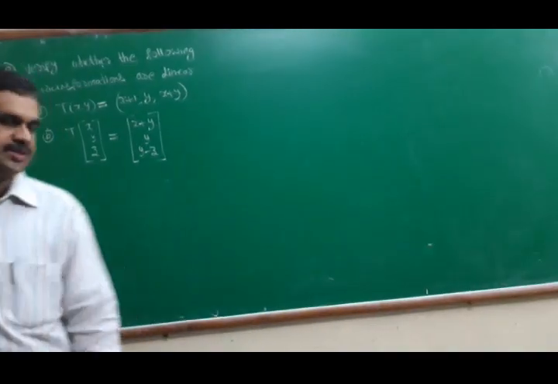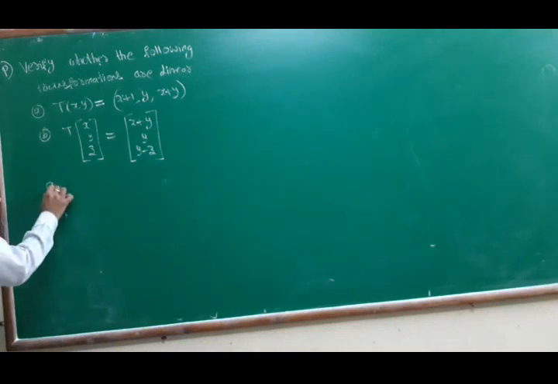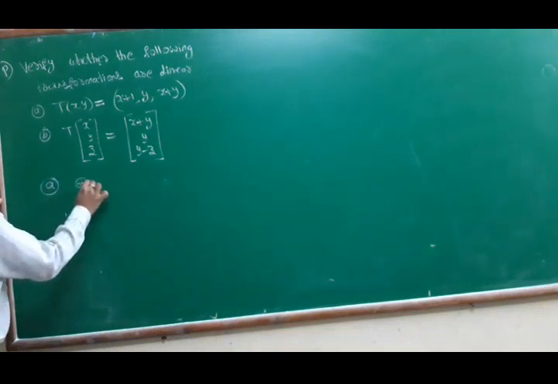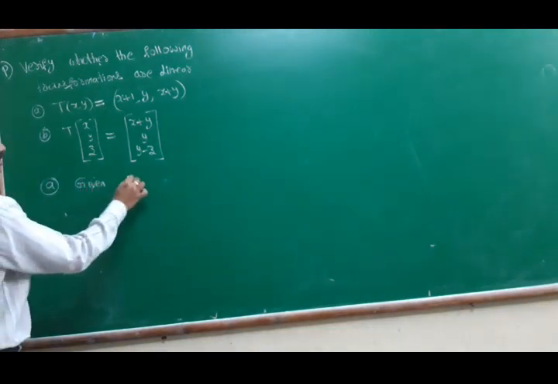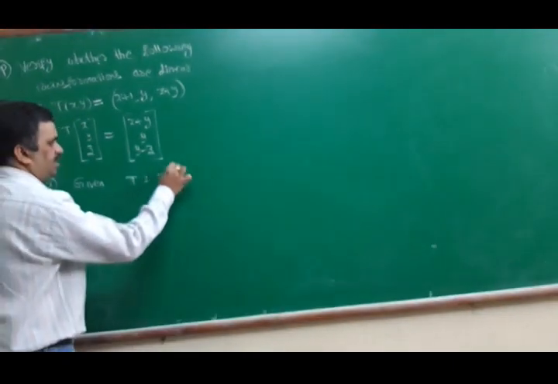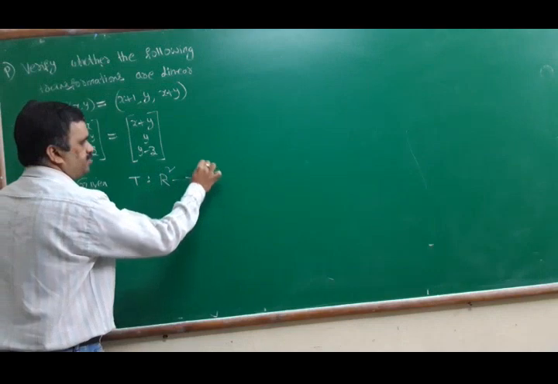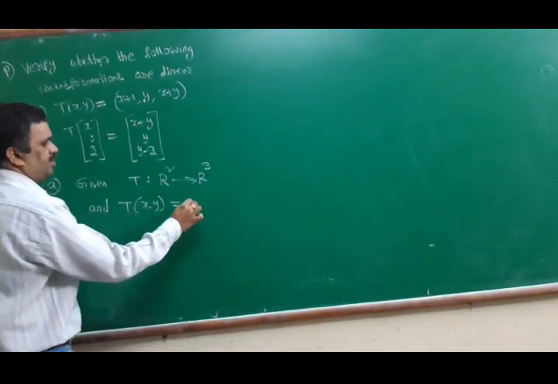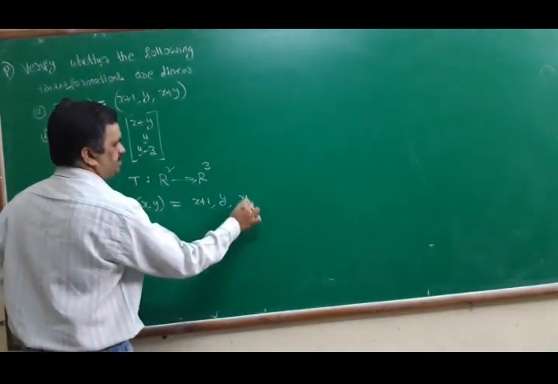First we will do the first part. Given: here we have two dimensional, here we have three dimensional. So I can write T maps from R square to R cube, and T of x comma y equals x plus 1, y, x plus y.